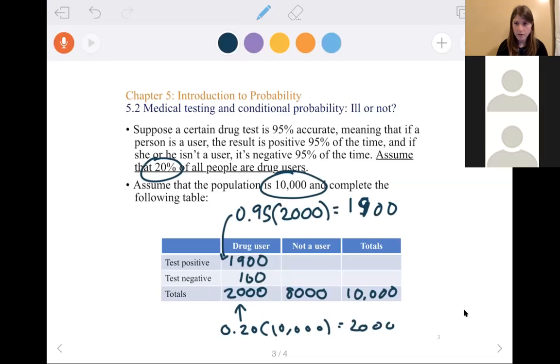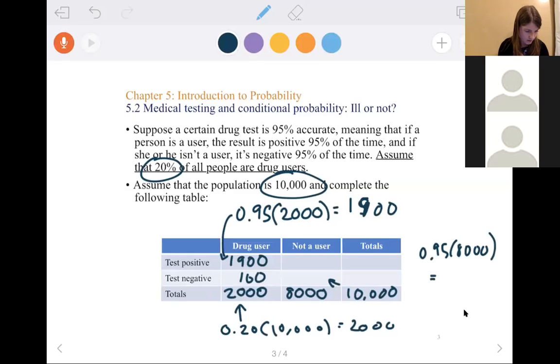Then you're going to repeat a similar thing for your not a user column. Think about testing negative. 8,000 people were not users. 95% of those people should get a negative result. So go ahead and do our 95% times our 8,000.